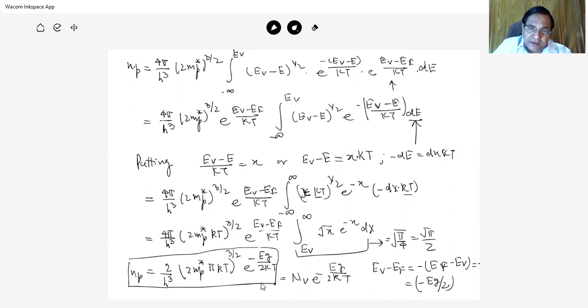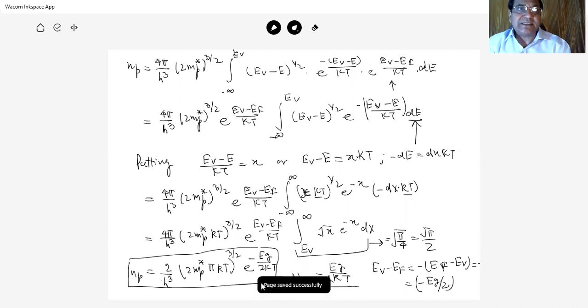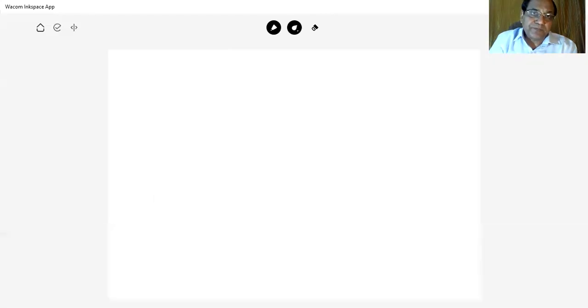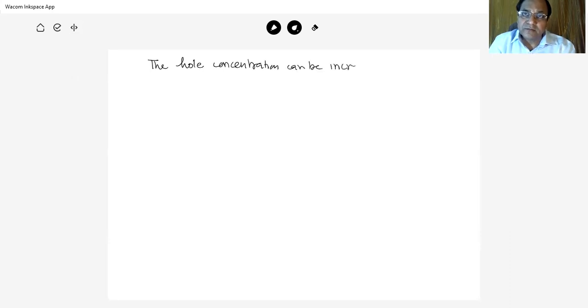So we can have the same explanation as in the earlier case. The hole concentration can be increased through two ways.